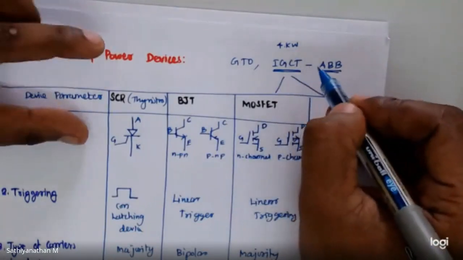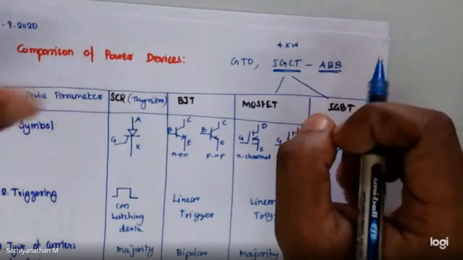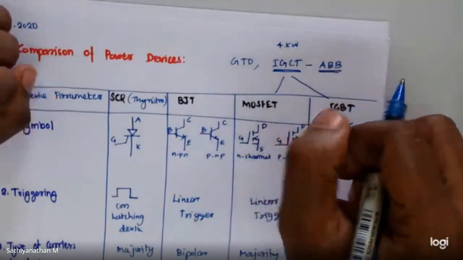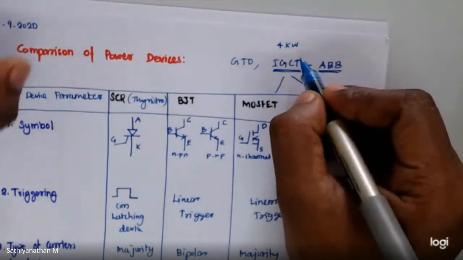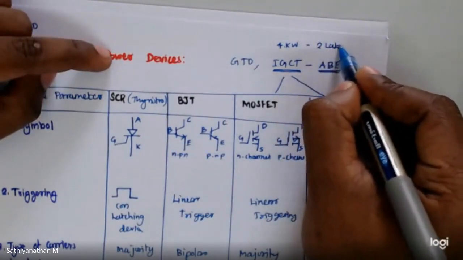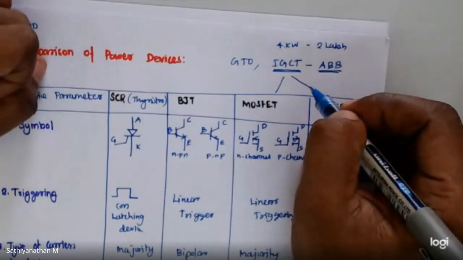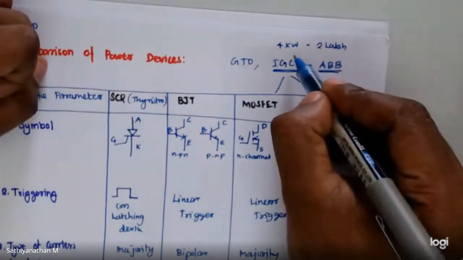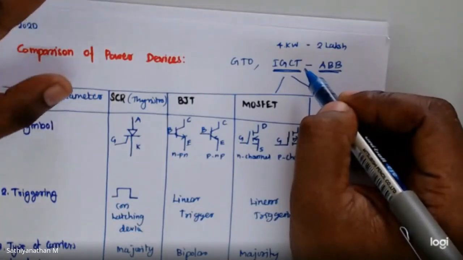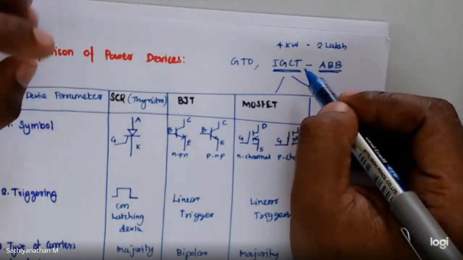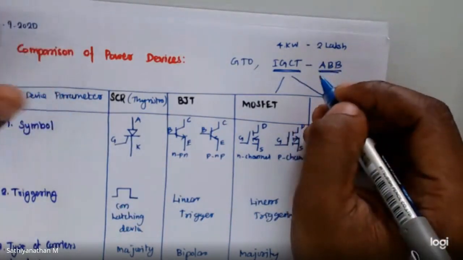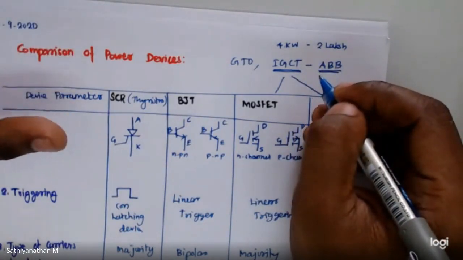A single device size is very small, and it comes with a dedicated driver circuit. A single device costs around 2 lakh rupees. It may have a protection circuit. It has its own driver circuit, so the only thing is we need to select the device and connect it to the circuit.